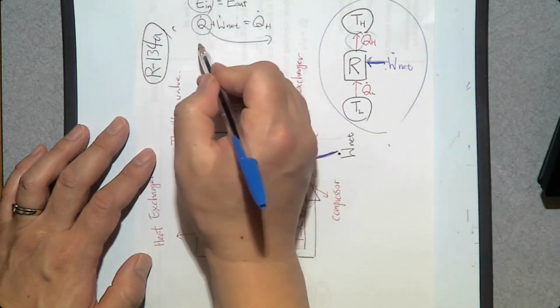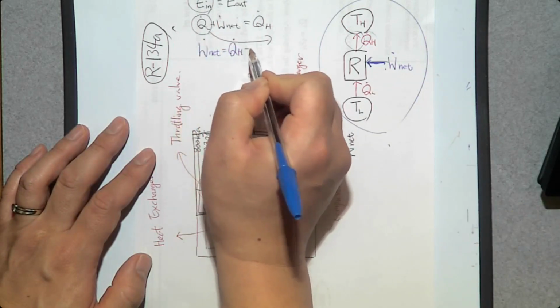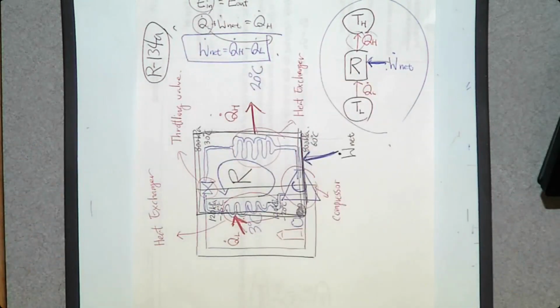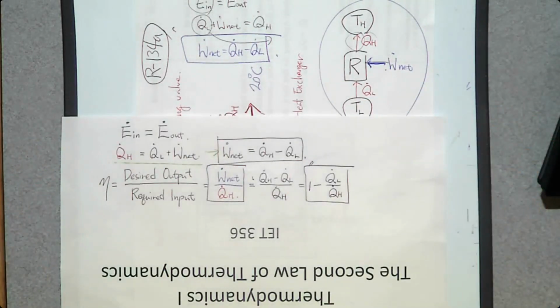Then what we get? W dot net is the same as Q dot H minus Q dot L. Don't you think that this one looks familiar? This is exactly the same energy balance equation from heat engine.